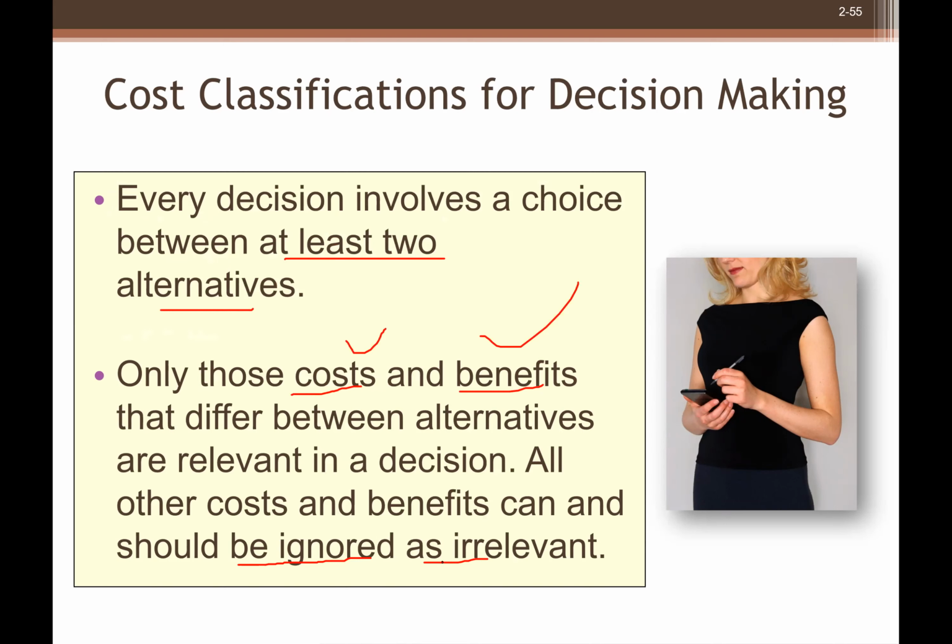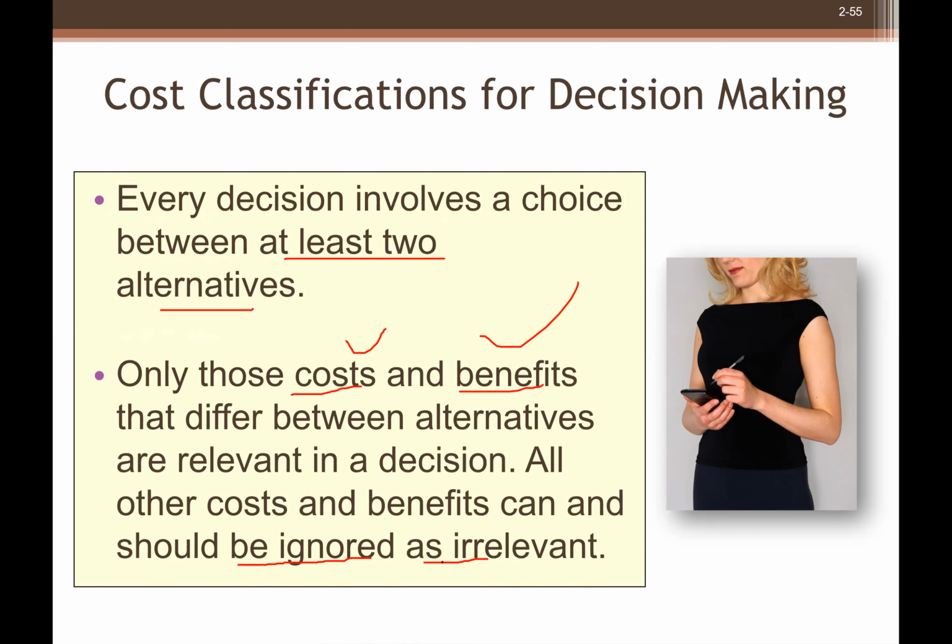So how does a rational person make decisions? First he gathers choices and then he picks the best option, right? These options are evaluated based on costs and benefits. All relevant costs are included and all irrelevant costs are ignored.